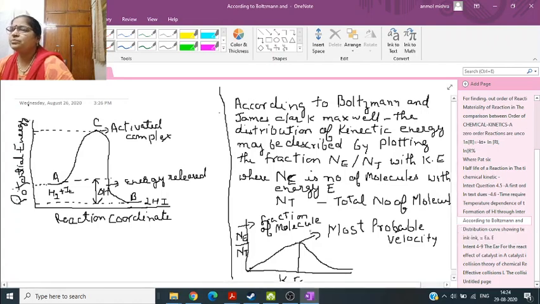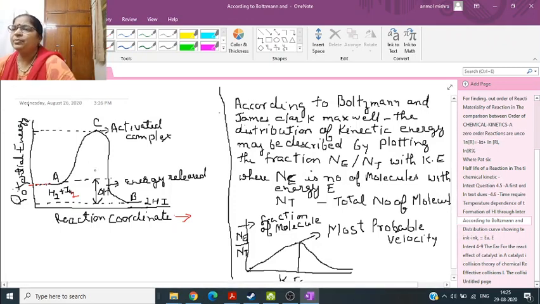Now when we plot a graph between potential energy and reaction coordinate for the same reaction I am explaining, this is the potential energy for the reactants. H2 and I2 are the reactants, denoted by A, and to change into product it requires some energy, called activation energy.